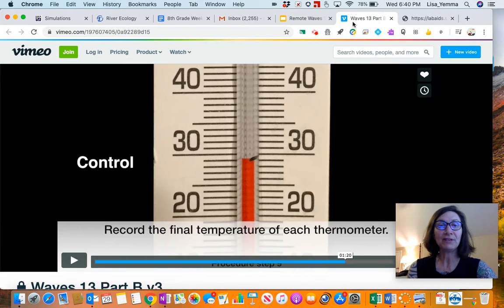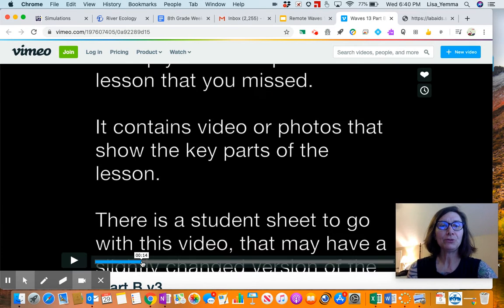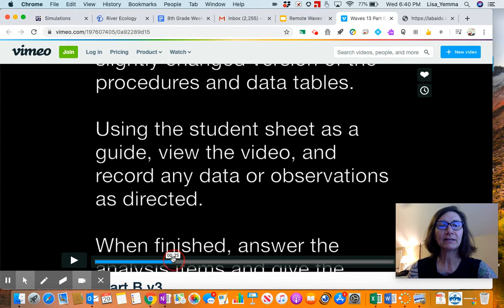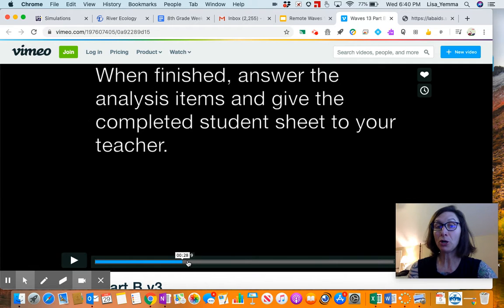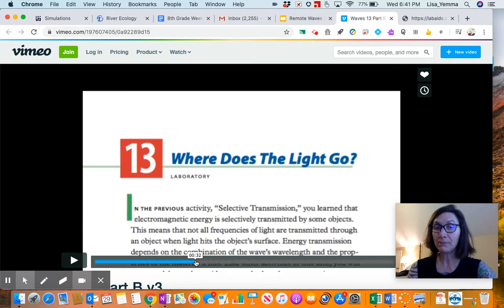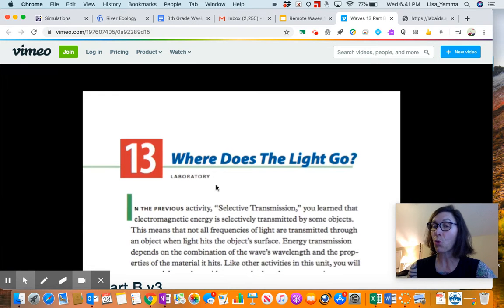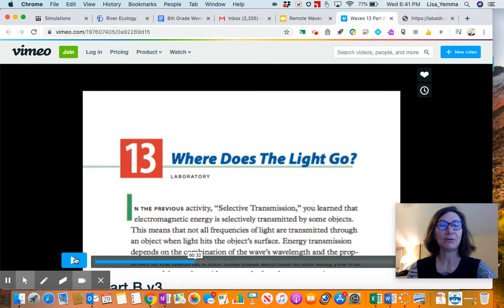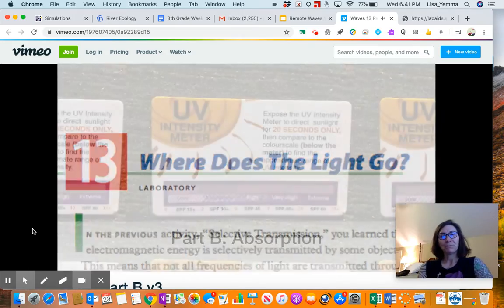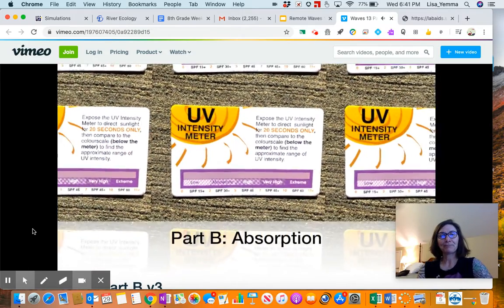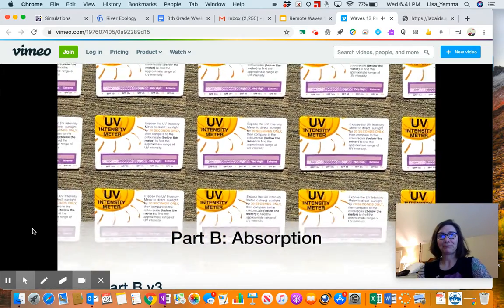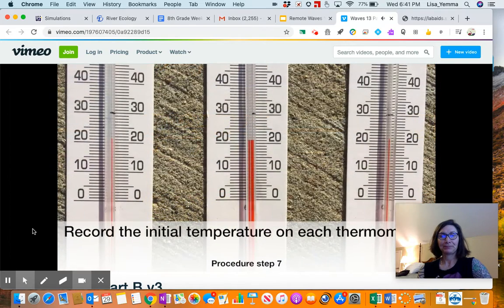Going back to the video, you are going to come back and we're going to listen to part B. With part B, you have your data table that you've written down and you're recording this information into that data table. Activity 13, where does the light go? Part B, absorption. Record the initial temperature on each thermometer.